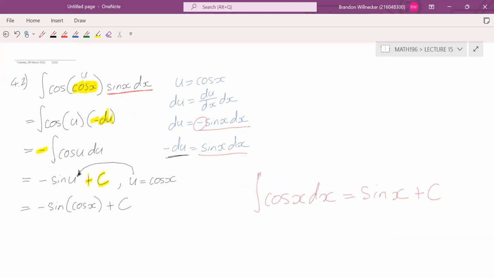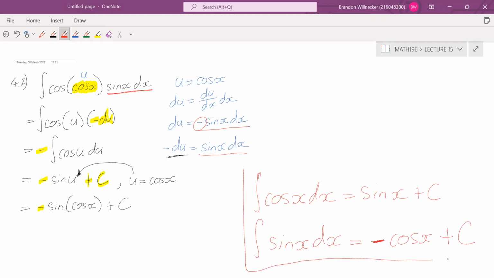So we don't get another negative sign. So we just have 1 negative sign that carries down. The integral of sine x dx, that's minus cos x plus c. So don't forget which one gets the minus sign.